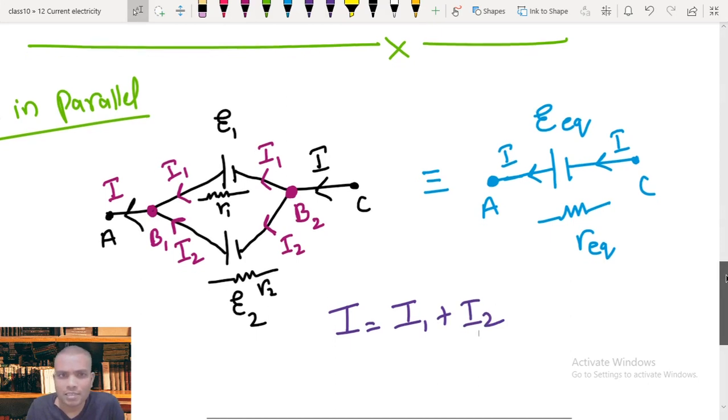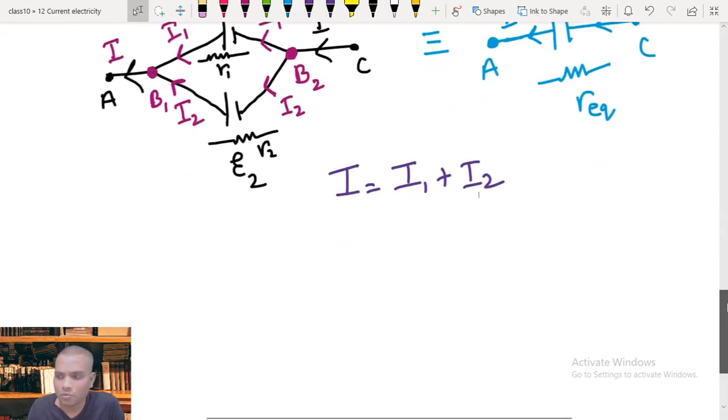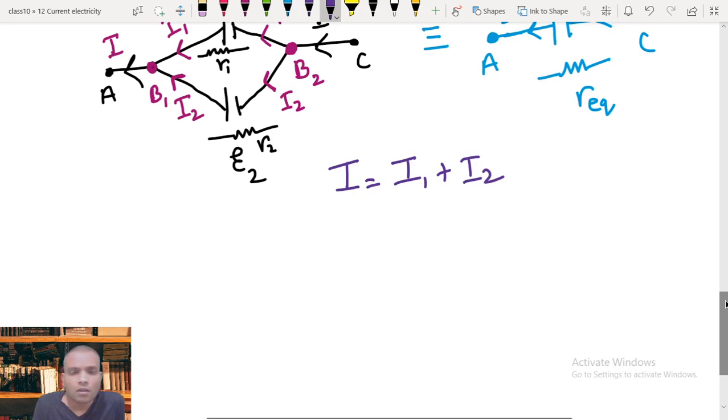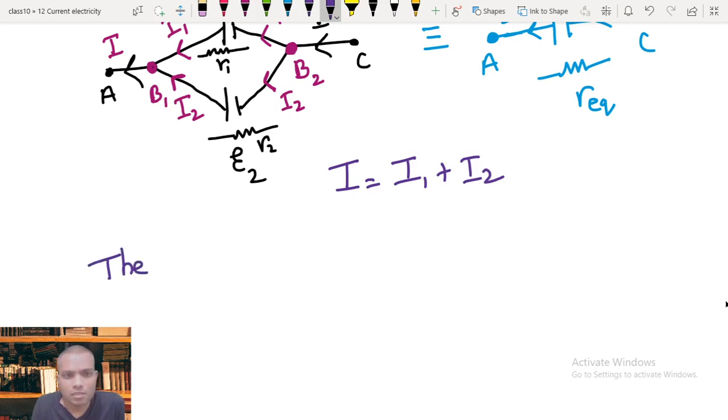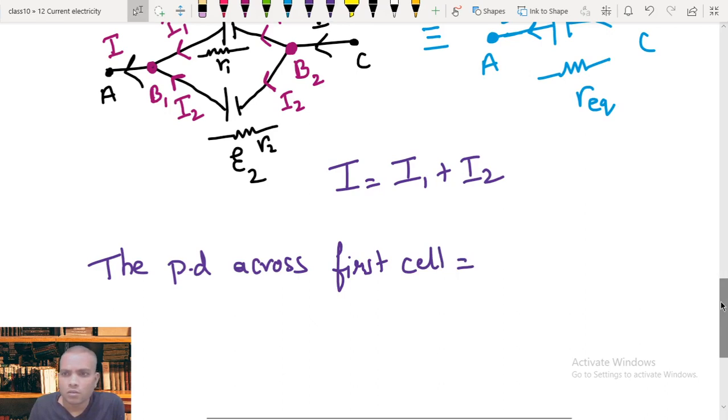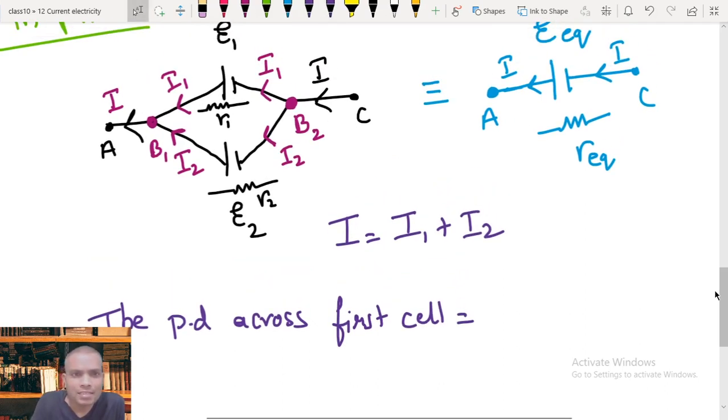By taking this as a basic point, if I proceed, now we need to find the potential difference across the individual cells. The potential difference across the first cell, I will highlight it.